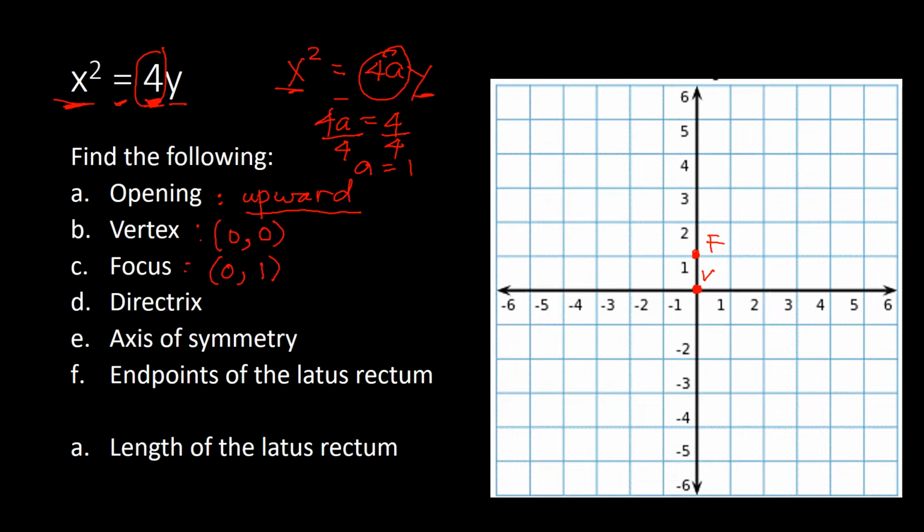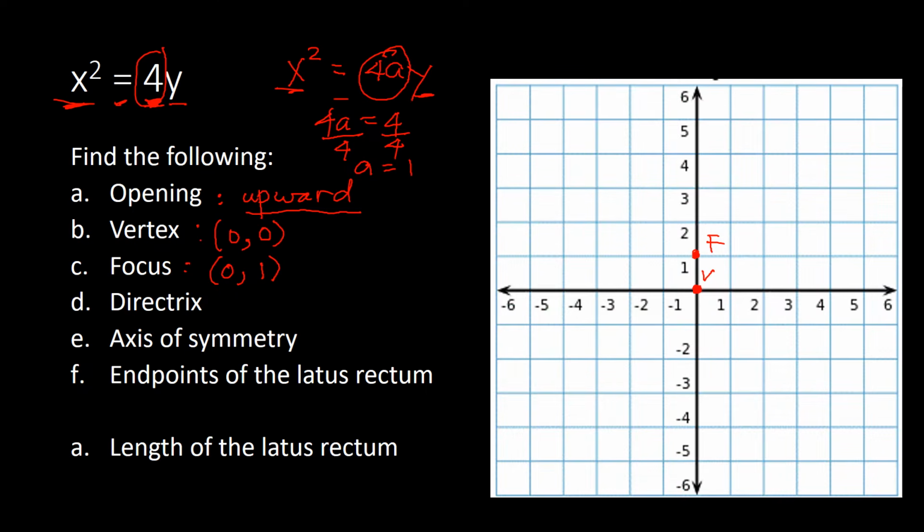Now next, directrix. Take note, whenever we say directrix and focus, they always have equal distance from the vertex. If the distance between vertex and focus is a, the distance between vertex and directrix is also a. So once we look for the directrix, we count the number of units from the vertex to the opposite side.